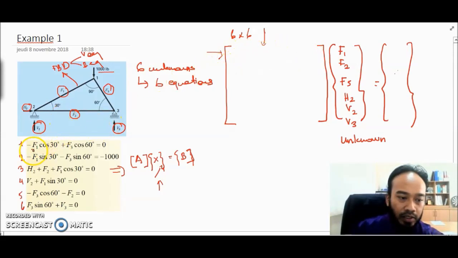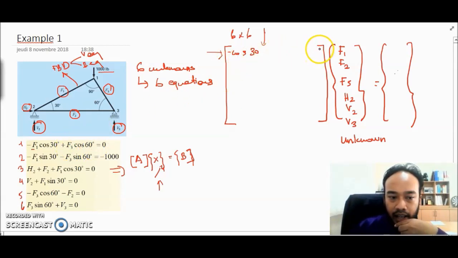So the first equation is minus f1 cos 30, so f1 is multiplied by minus cos 30, and then plus f3 cos 60. For f2, there's nothing multiplied by f2. F3 is multiplied by cos 60.